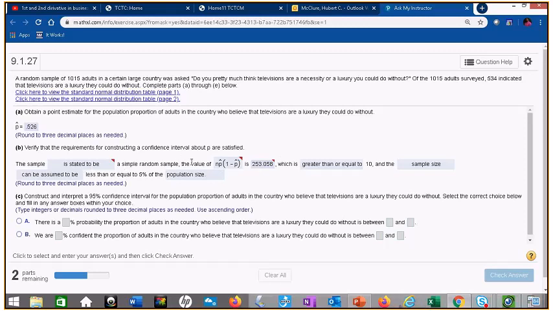Most of these are going to work out the same way. Just write this down: npq is stated to be greater than or equal to 10, and the sample size can be assumed to be less than or equal to 5% of the population. You're going to punch this in all the same.